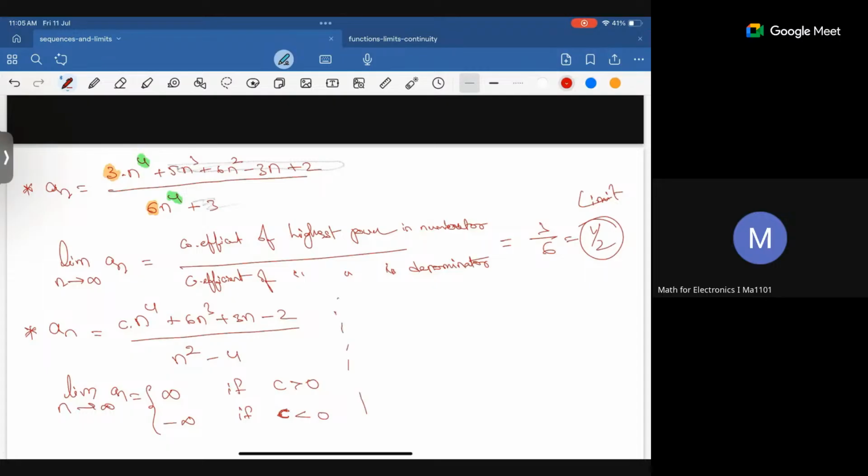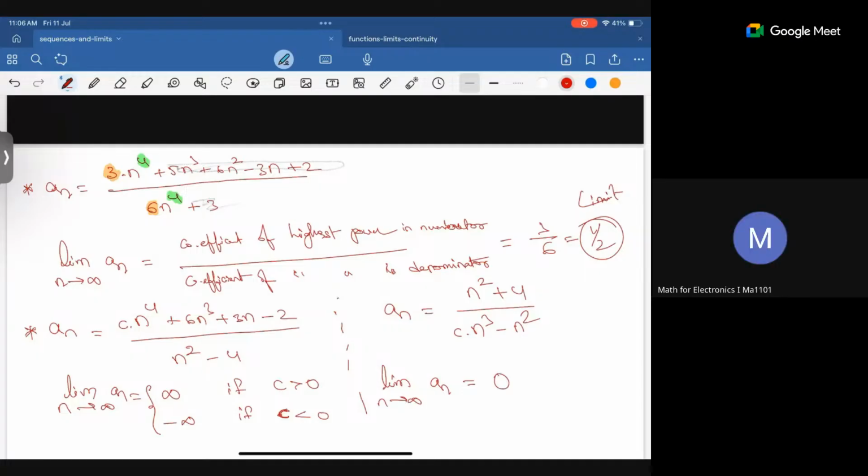Okay. So what if your a_n is like this? The numerator has n square and the denominator has n cube, again C times n^3 minus n^2, something. Where the denominator's power is more than the numerator's highest power. In that case, what do you think will happen? 0.